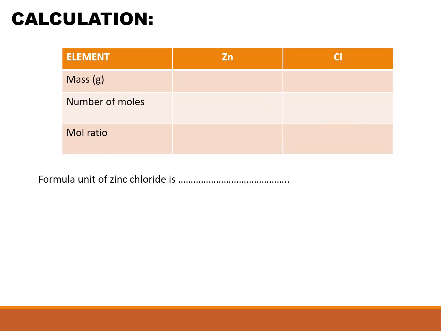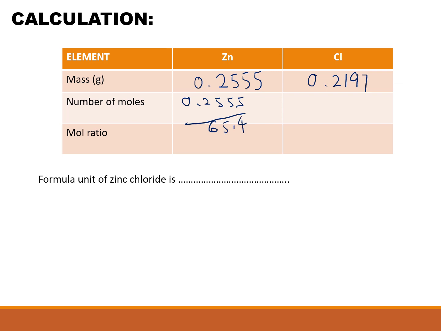For the calculation part, the mass of zinc is 0.2555 gram. The mass of Cl is 0.2197 gram. So the number of moles of zinc is 0.2555 divided by 65.4 gram per mole.